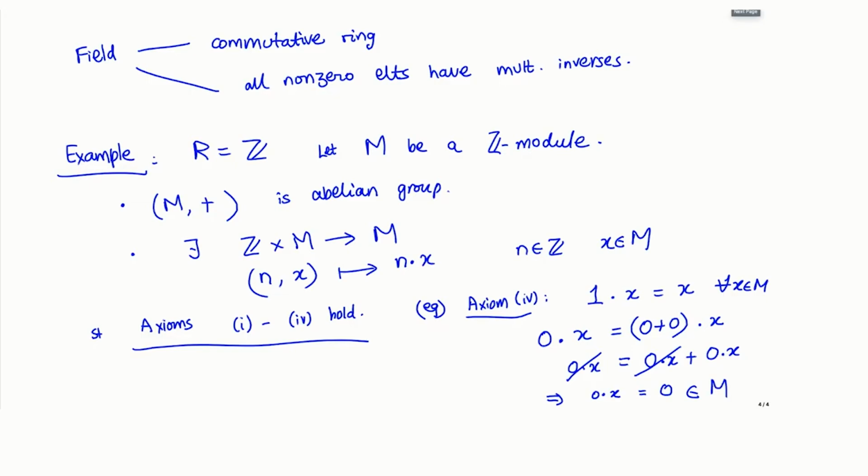So I found out two things already just from the axioms: 1 dot x is x, and 0 dot x is 0. Let's look at a few other ones. Let's ask, what is minus 1 dot x? So what is minus 1 really? 0 dot x is 0, but 0 is just what I get when I add 1 with minus 1, and now again I use my axiom 2.